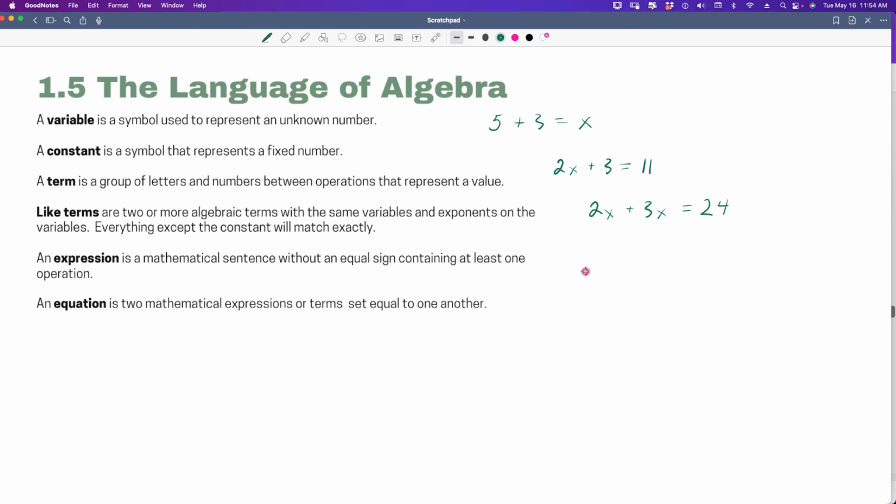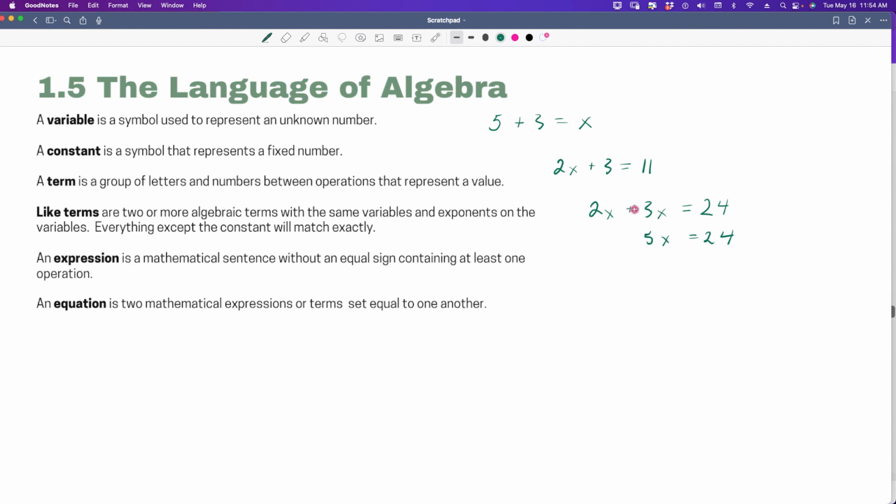It's understood that it's there one time. So these will be like terms. So we could actually add like terms. So to do this problem, we would say 2 plus 3 would be 5x is equal to 24. So that would be how you would combine the like terms. You match the variables exactly, and then you add the constant.